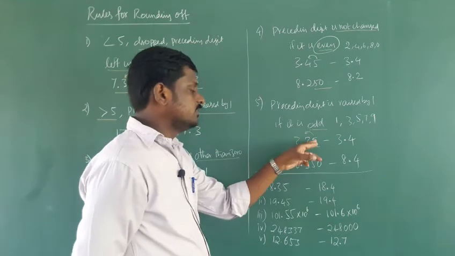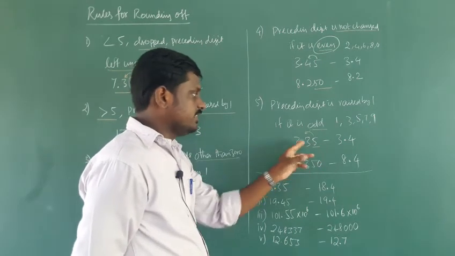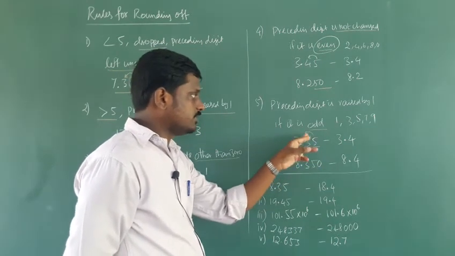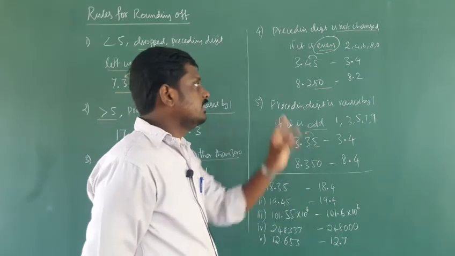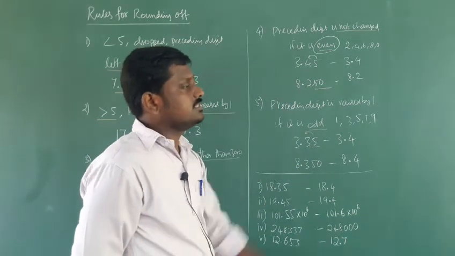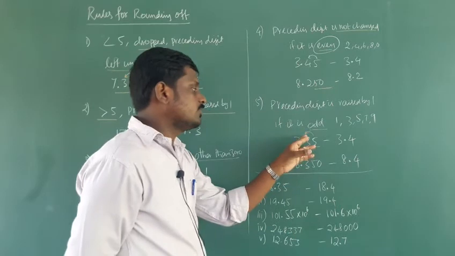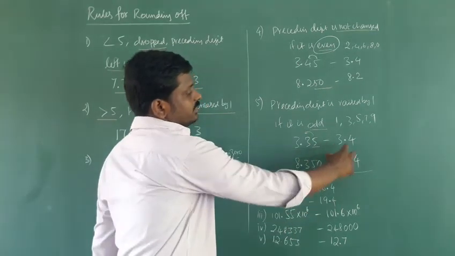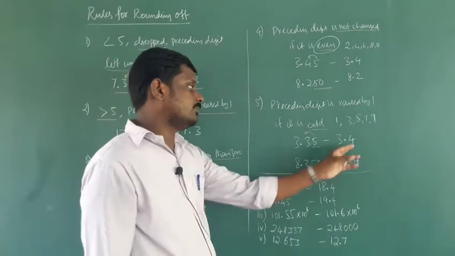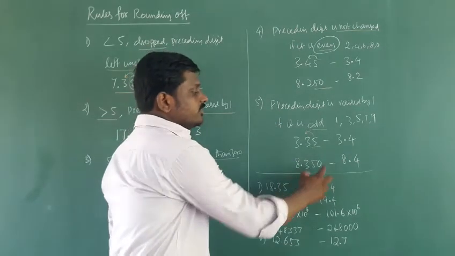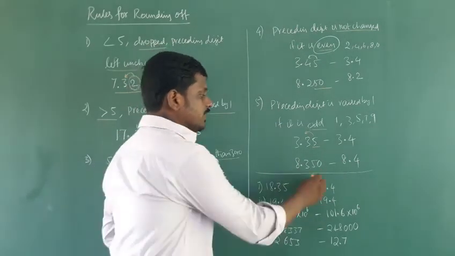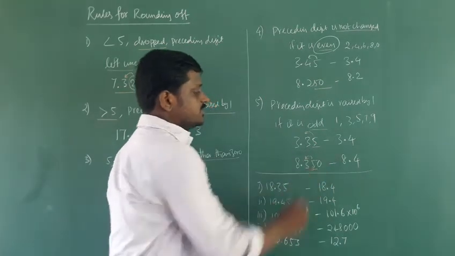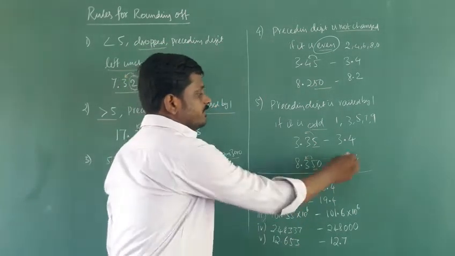Even means it is left unchanged. So 3.35 is rounded off to 3.4. Then 8.350: I drop 5, the preceding number is odd, so 8.4.